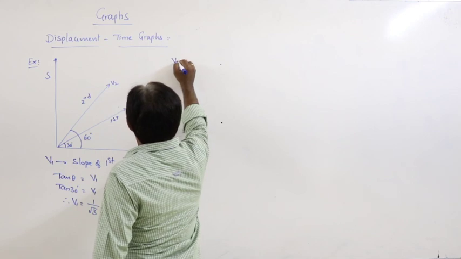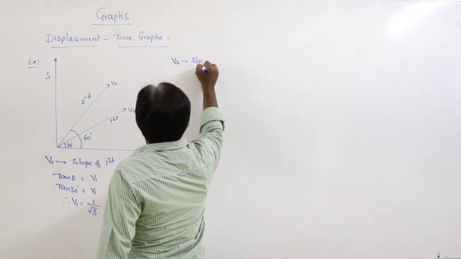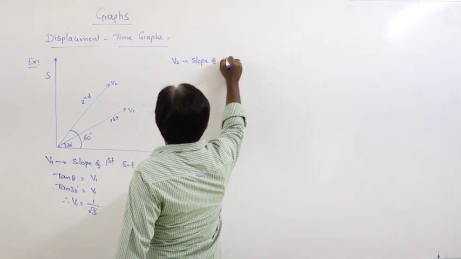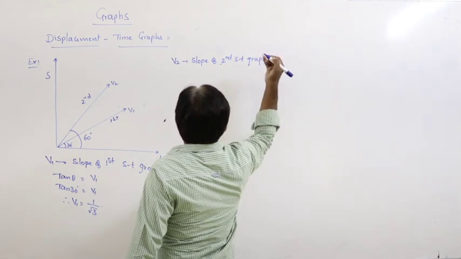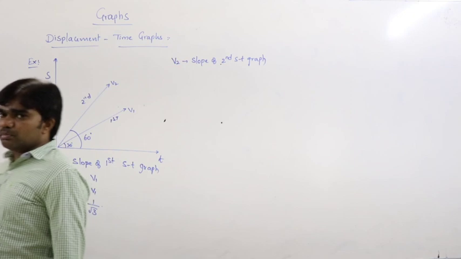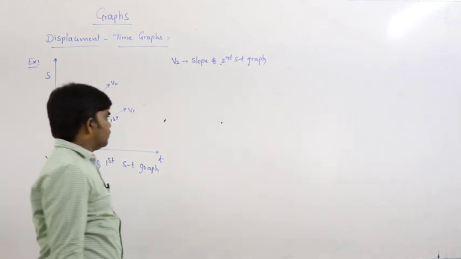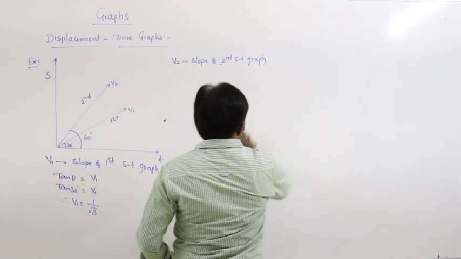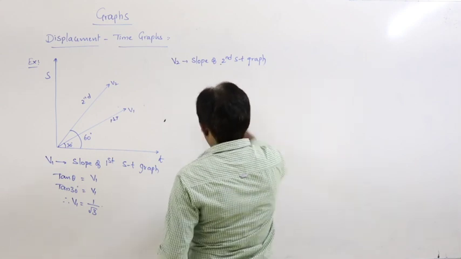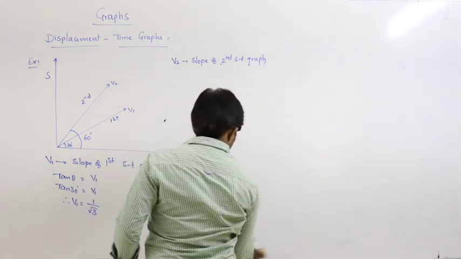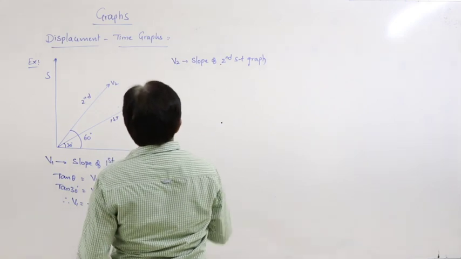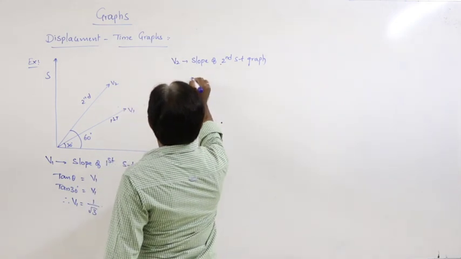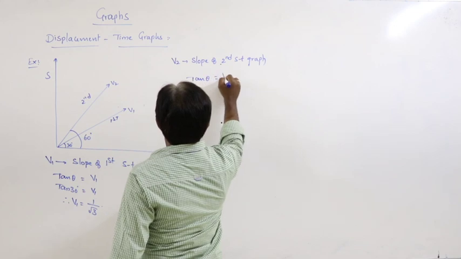Next, V2 is the slope of the second displacement time graph. So in this situation, tan theta is equal to V2.